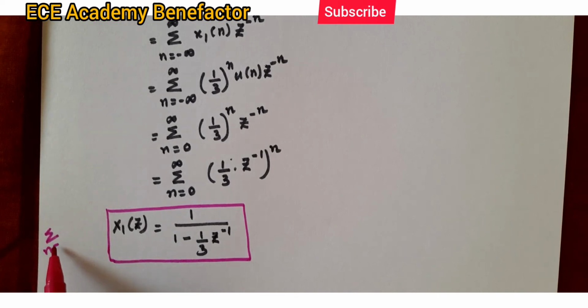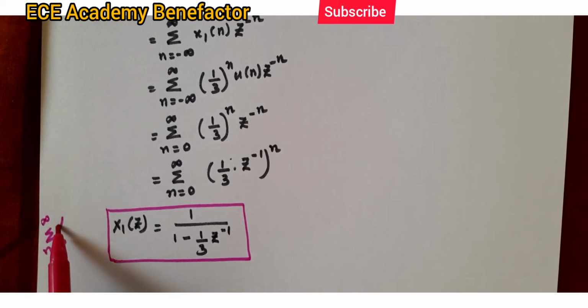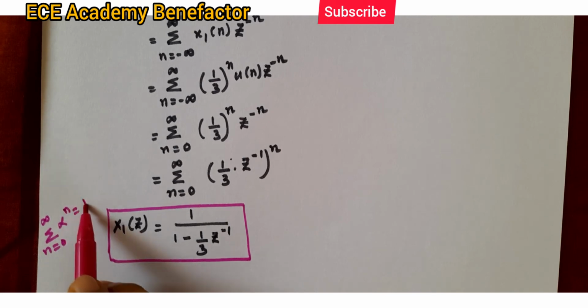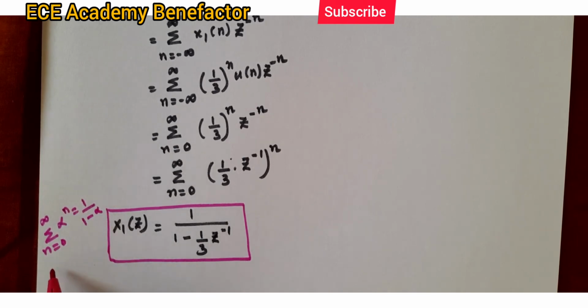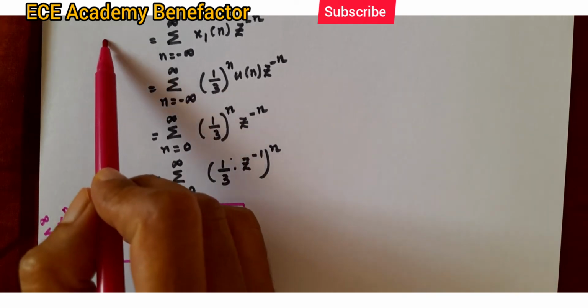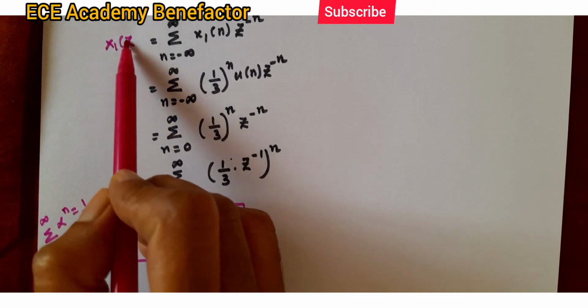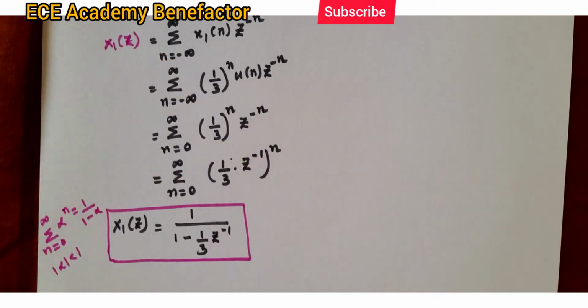Summation n equals 0 to infinity alpha to the power of n is equal to 1 by 1 minus alpha, where mod alpha is less than 1. So here we are getting X1 of z.